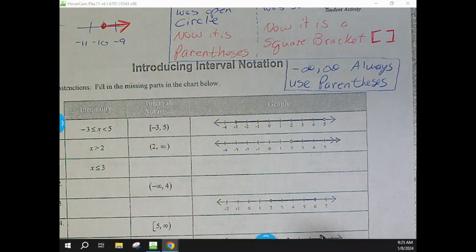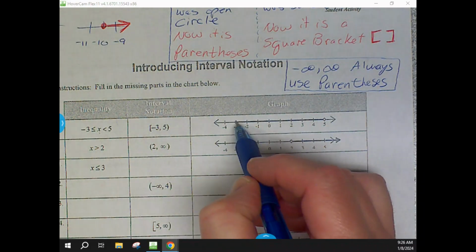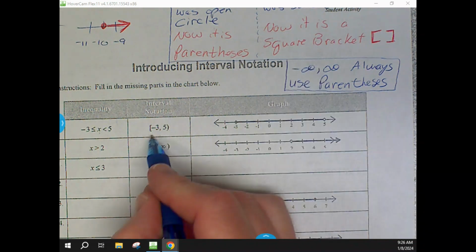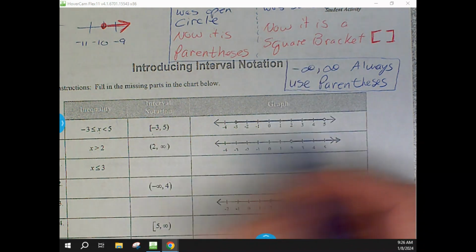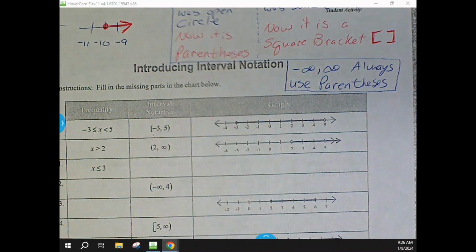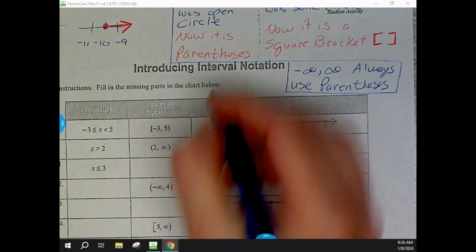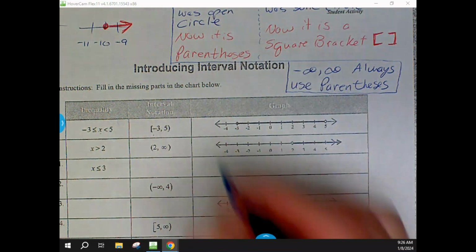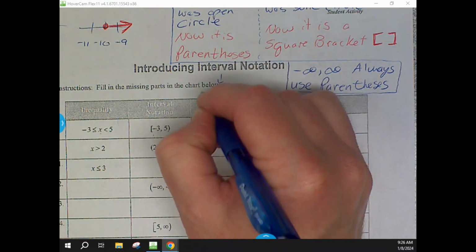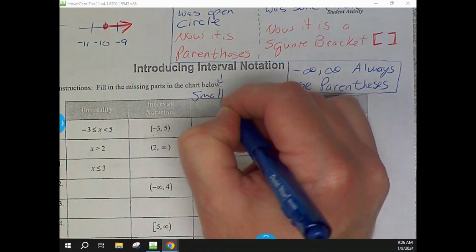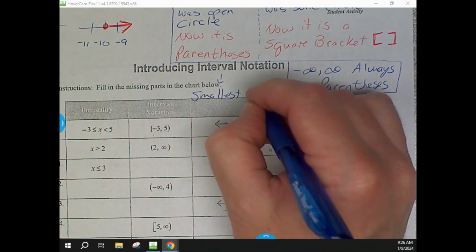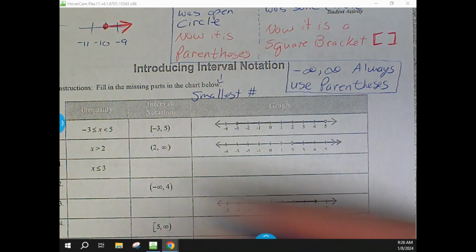So in interval notation, again, solid circle becomes a square bracket, open circle becomes a parenthesis. And the one thing you always want to make sure when you do interval notation is the first number, your smallest number, is always first.